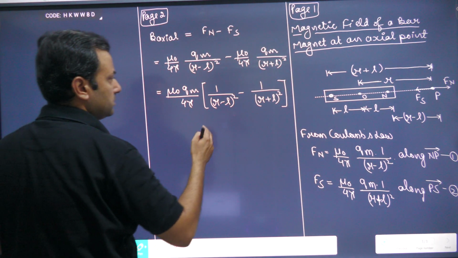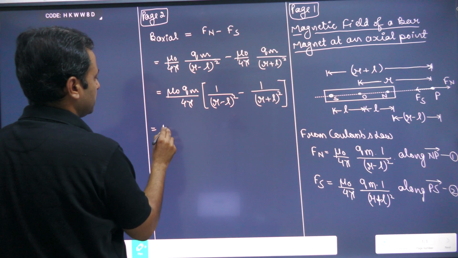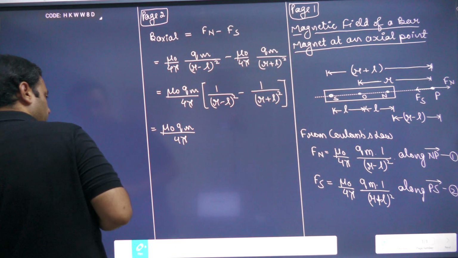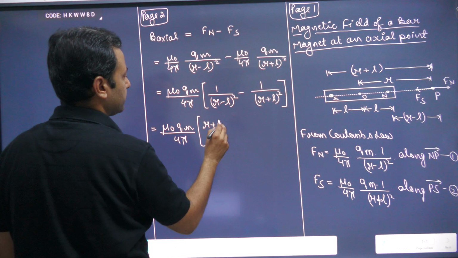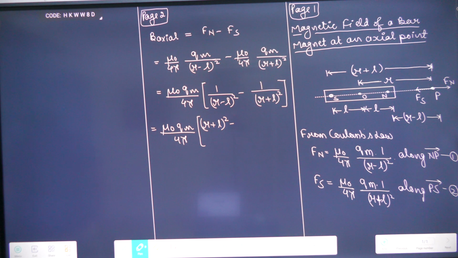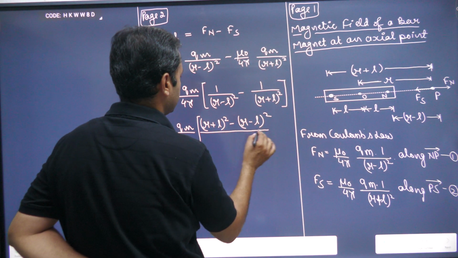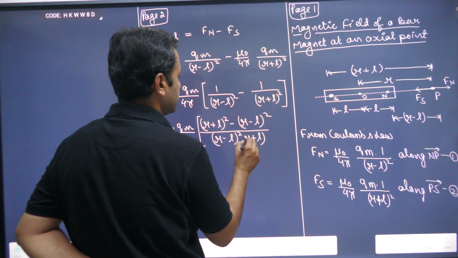Now, take the LCM. While taking the LCM, we will multiply both these terms. So mu naught Qm upon 4 pi, (R plus L) whole square minus (R minus L) whole square, upon (R minus L) whole square into (R plus L) whole square.